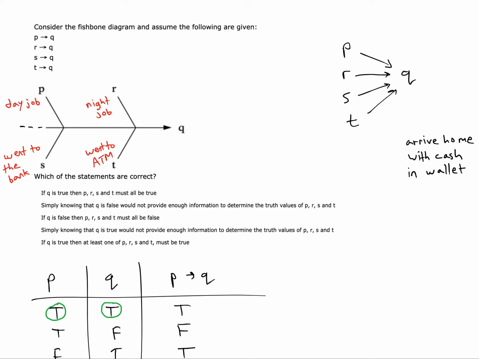Alright, so which statements are correct? If Q is true, then all of P, R, S, and T must be true.